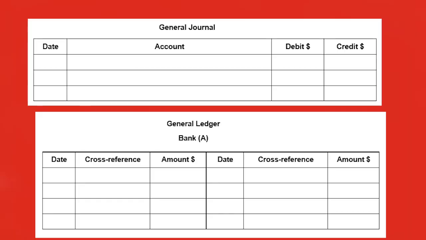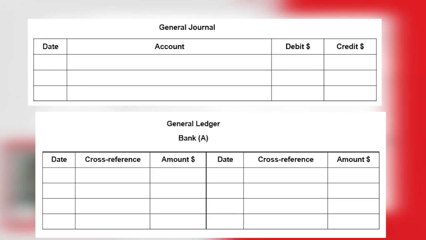Now, we're going to go through all of those. We're going to go from the start all the way to the trial balance. I'm going to do a mini example. This is one of those things like a lot of accounting, it's just practice makes perfect. So let's jump into it.